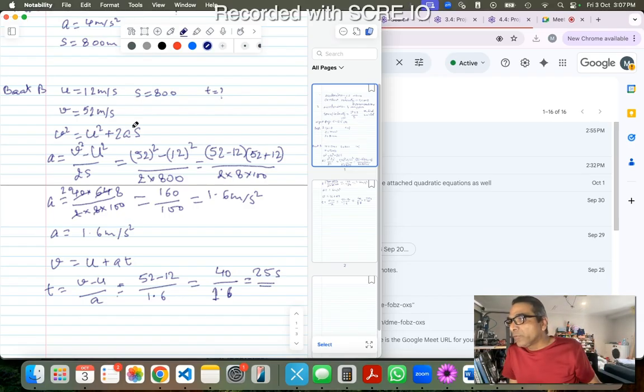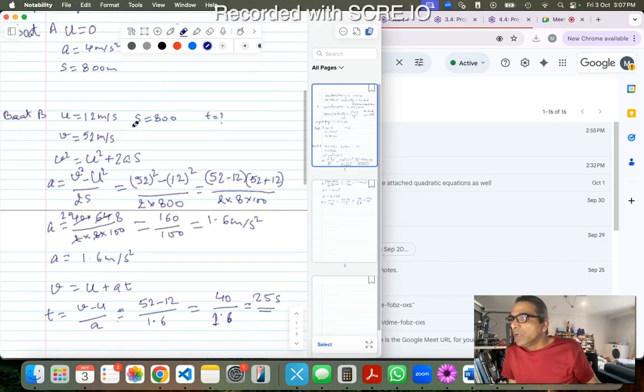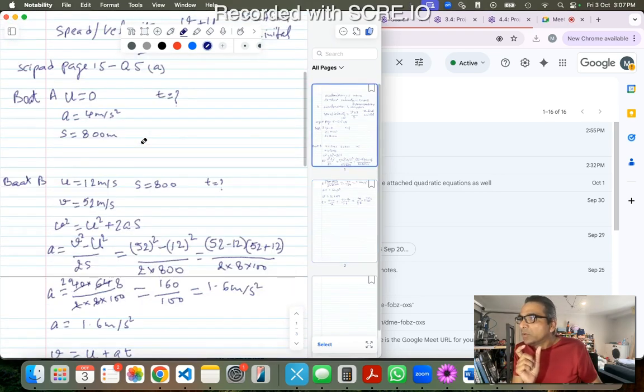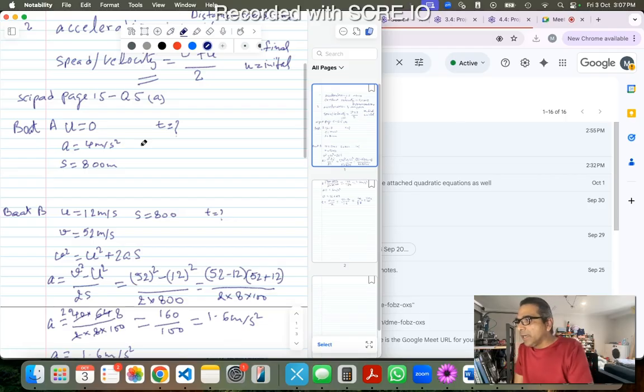And if you are not able to understand, even though we missed that part, that s equals the uniform, so let's do that too. But before that, let's calculate what the t is.